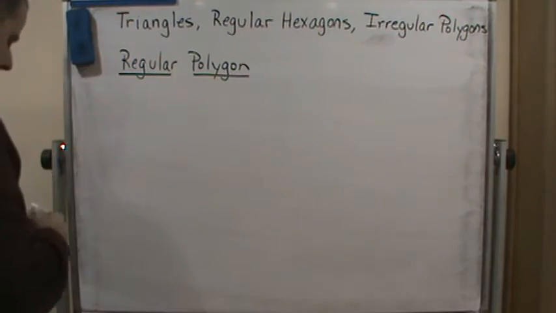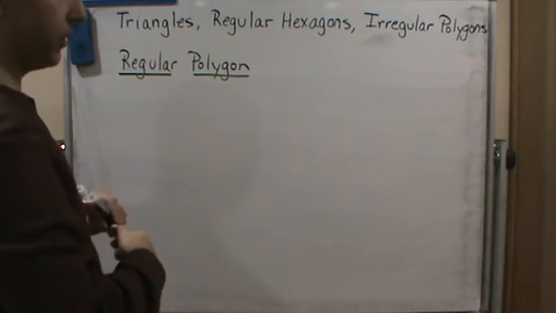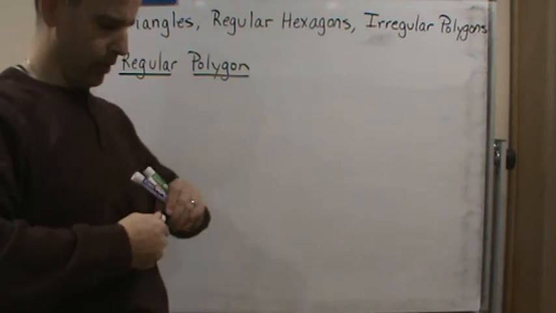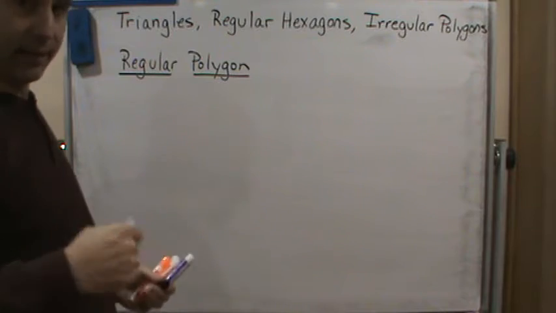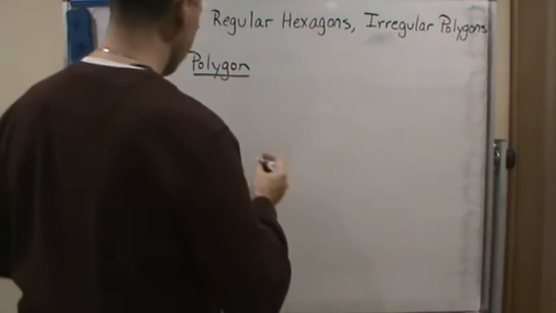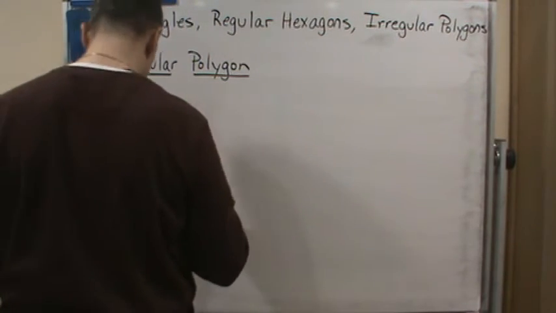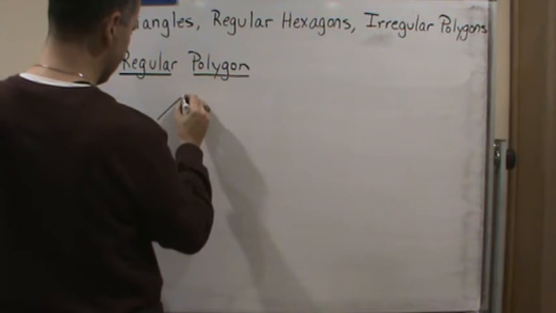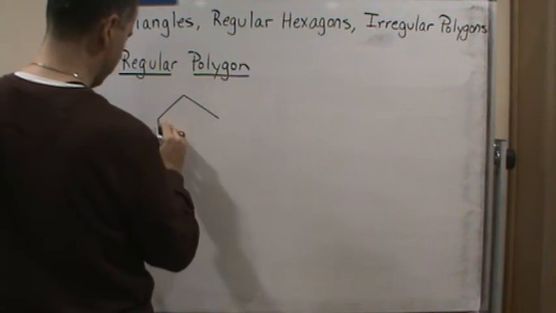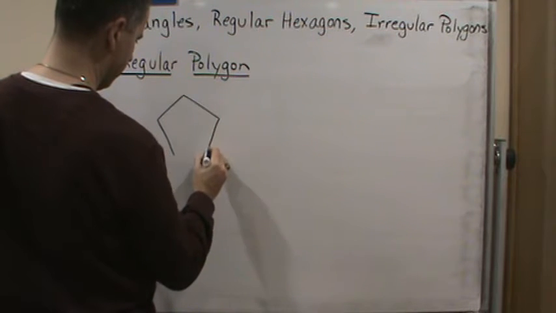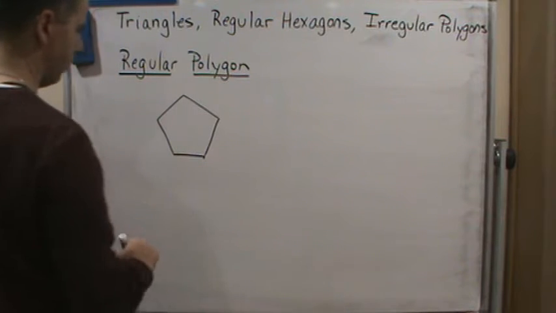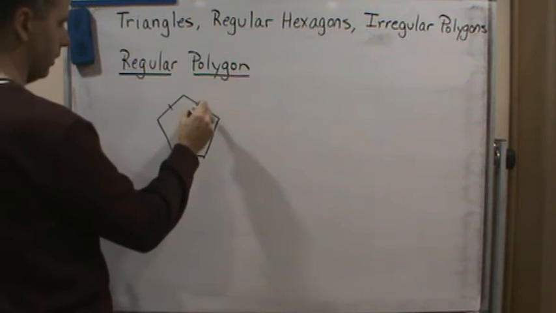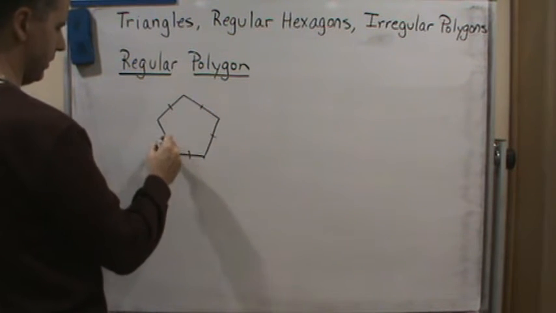What about a pentagon? That has five sides. So if we have a pentagon, that's a five-sided figure. And if we have a regular pentagon, what does that look like? It looks something like this, where all of the sides are the same.